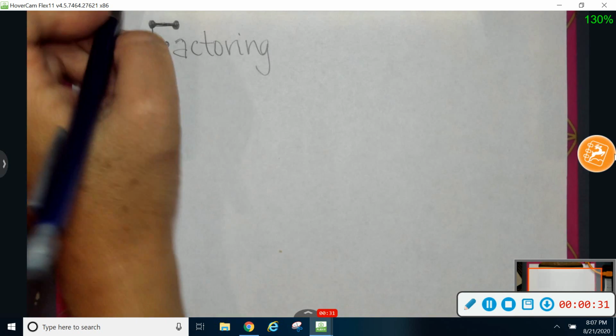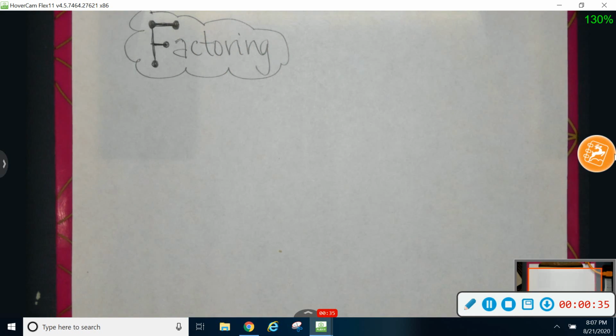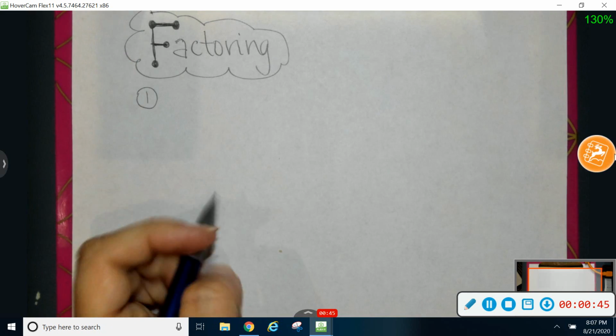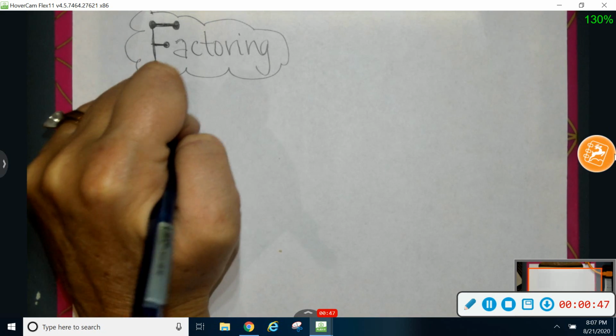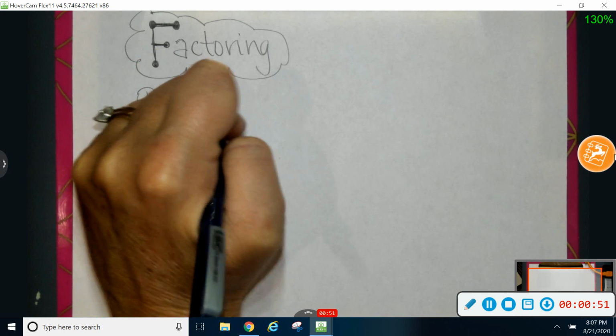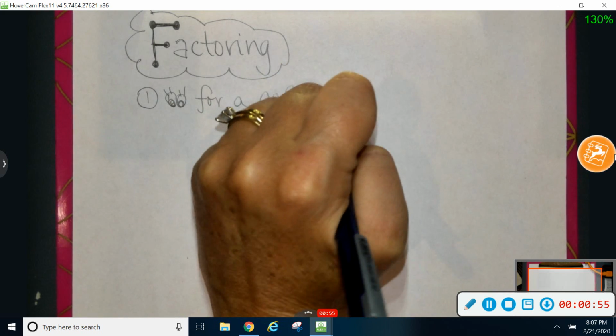All right, so we're going to be talking about factoring. And factoring is ultimately patterns, so it's ultimately recognizing what to do and then the pattern that goes with it. So the very first rule of factoring is always look for a GCF, a greatest common factor.